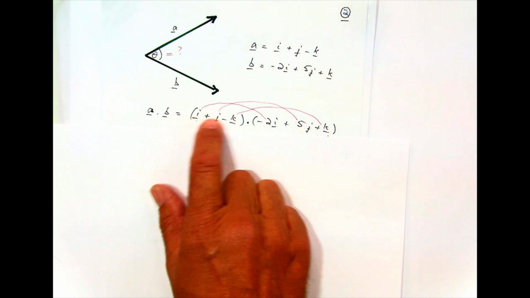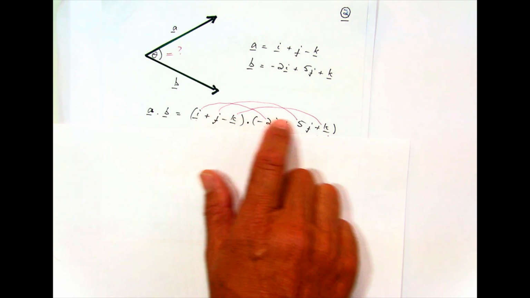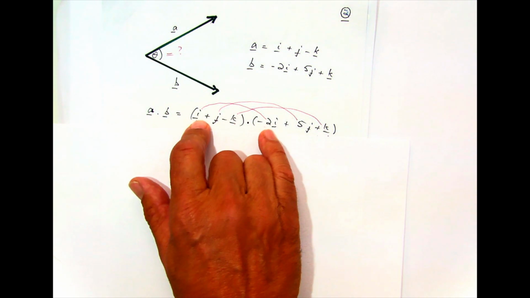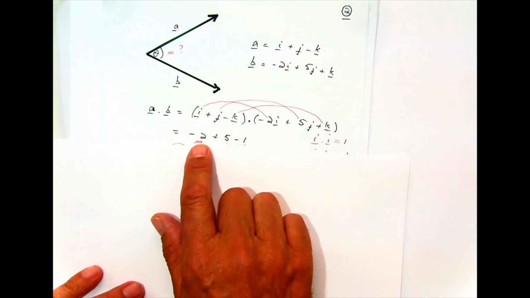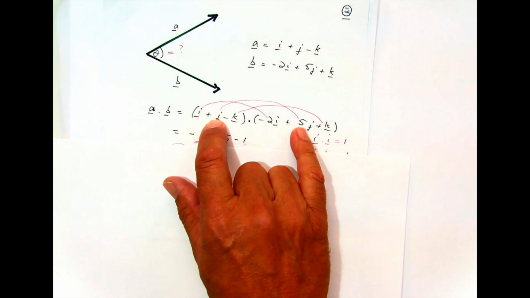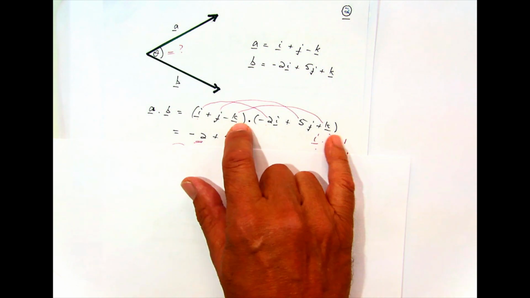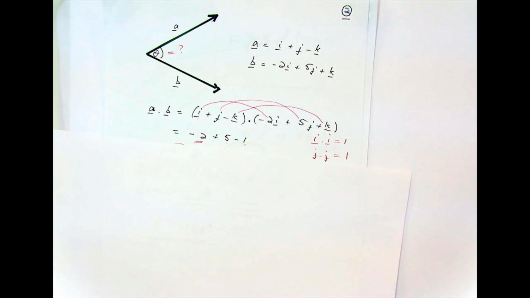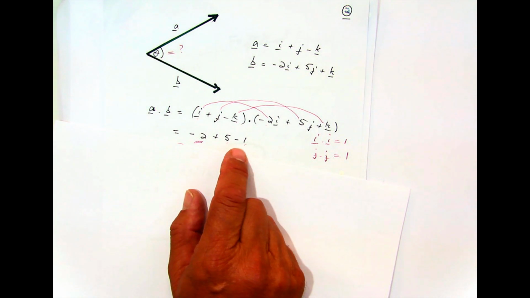And now I dot I is 1, and J dot J is 1, and K dot K is 1. But if you multiply those two, you get minus 2, and those two give you a plus 5, and those two give you a minus 1. So I dot I and J dot J and K dot K, they are all 1. And note I get scalar values.